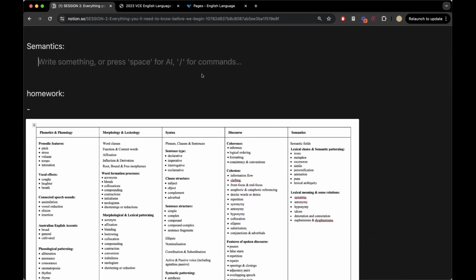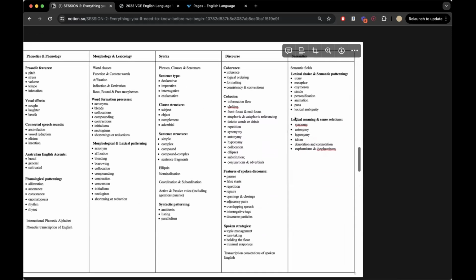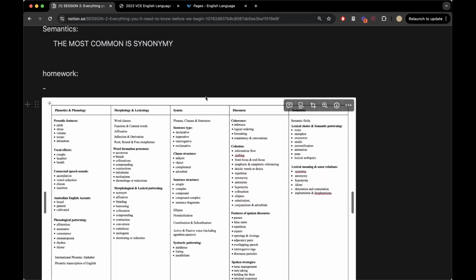Now, as for semantics, by far, right, the most common is synonymy. Wow. Notice how synonymy, which is in discourse, is also in semantics. So we've just guaranteed the ability to talk about all five subsystems if you get really good at identifying things that are quite common.